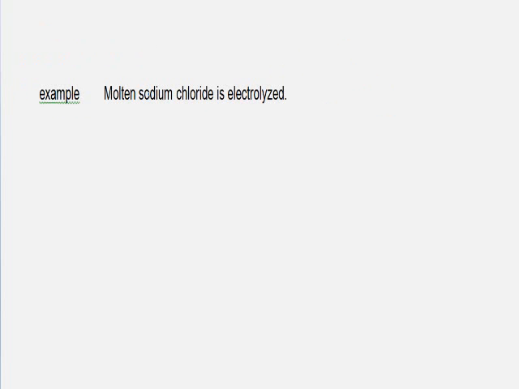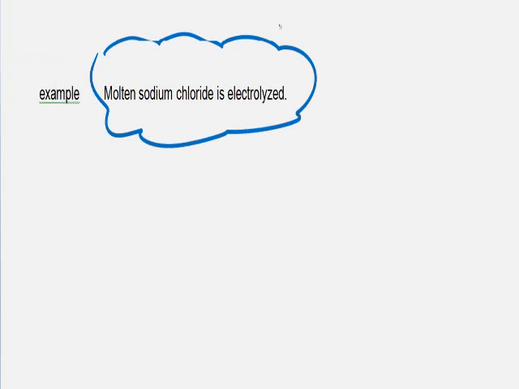An example of this: we say molten sodium chloride is electrolyzed. Now electrolyzed means we're inputting electrical energy. Sodium chloride is plain old table salt, and what this will do to the binary compound, by adding the electrical energy, is turn the ions in sodium chloride back into their elemental form.